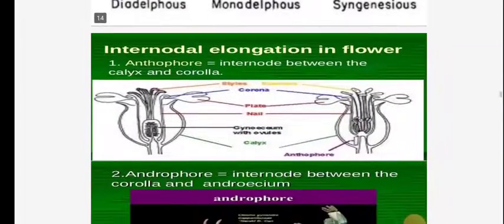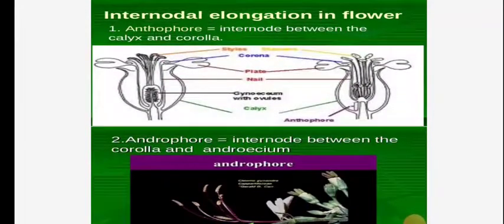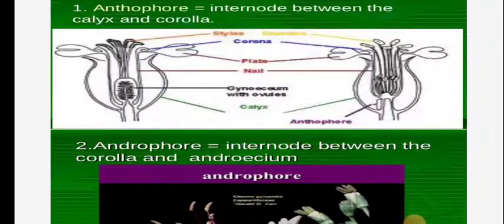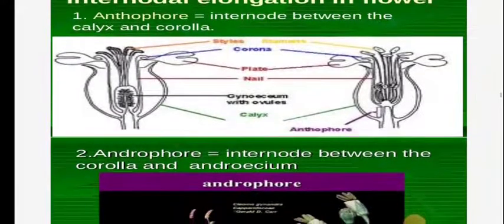Then, in flower elongation, we are knowing about the types. Corona is a word used in some. The internode between the calyx and corolla is called the anthophore. It is commonly seen in some examples: in between calyx and corolla, it develops a stalk.